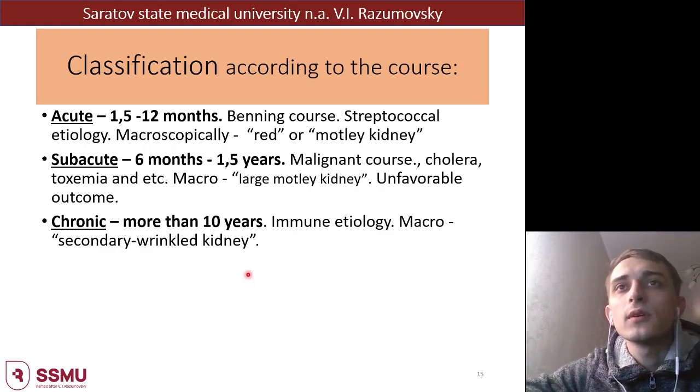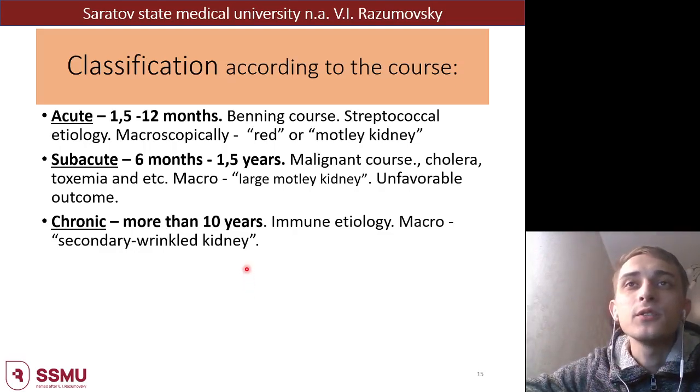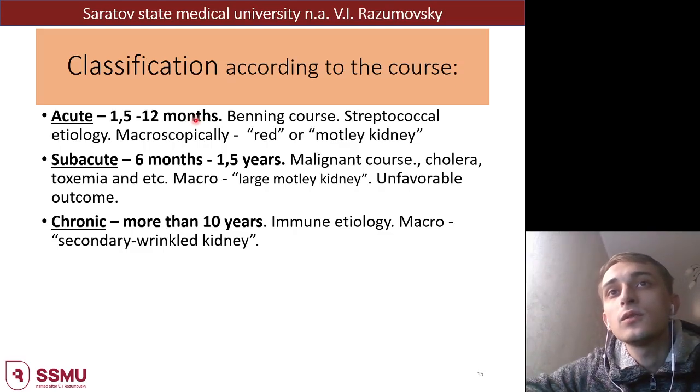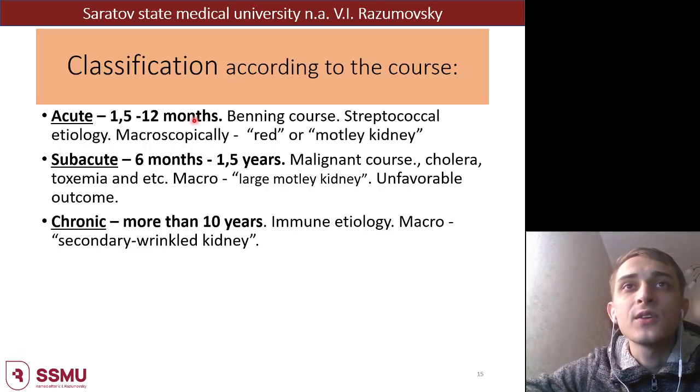According to course, all glomerulonephritis may be divided into three groups. Acute, and the duration of acute is about 1 year, 12 months. This type of glomerulonephritis is characterized by a benign course. Etiological factors most often are streptococcus, and the typical macroscopical manifestation is a red or motley kidney. In case of subacute glomerulonephritis, we can see prolongation of this process up to 1.5 years.